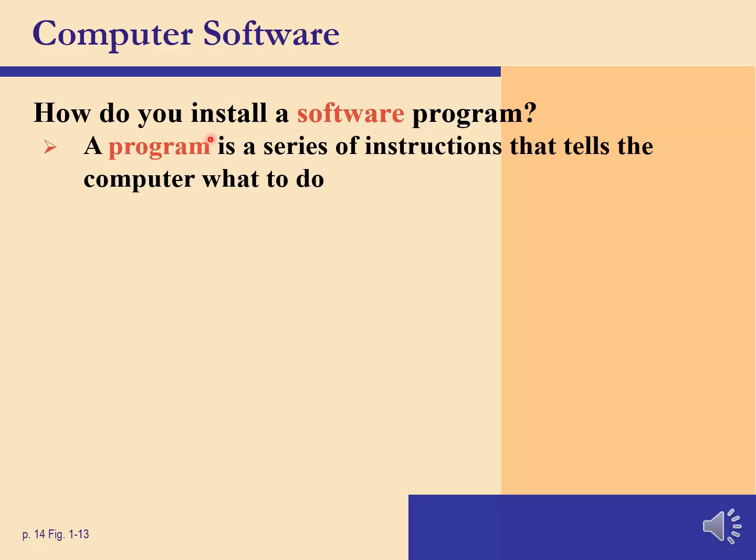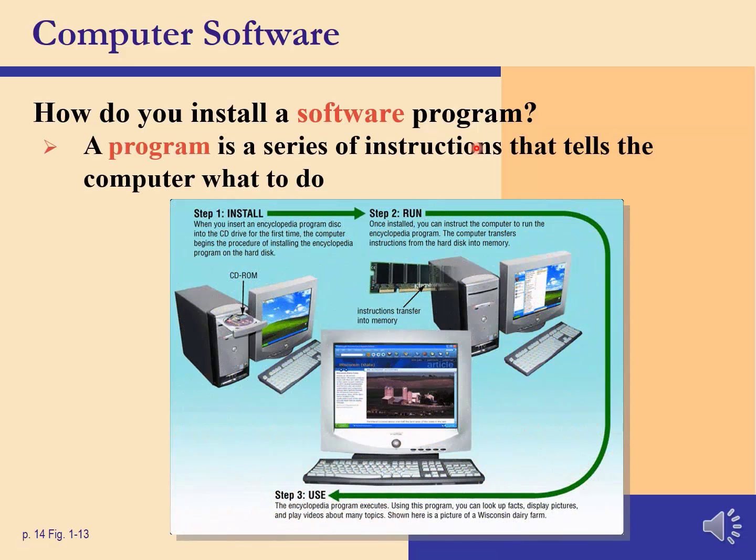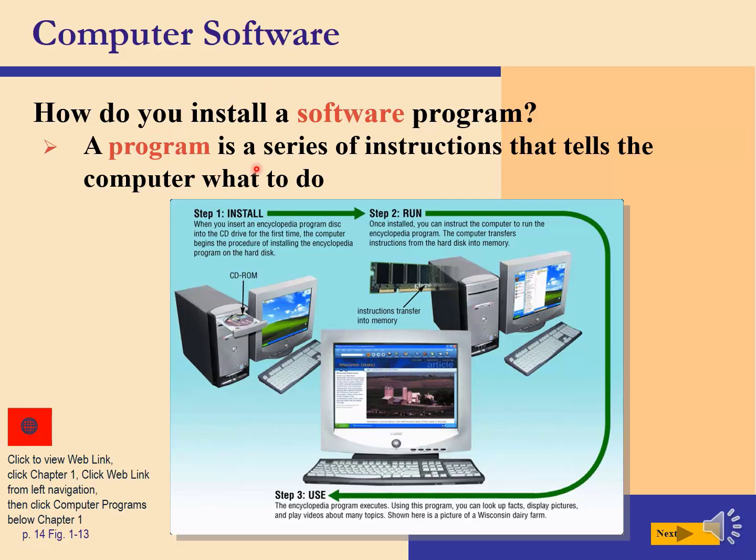How do you install a software program? First, what is a program? A program is a series of instructions that tells the computer what to do. To install programs on computers, you need the software, for example, on a CD.